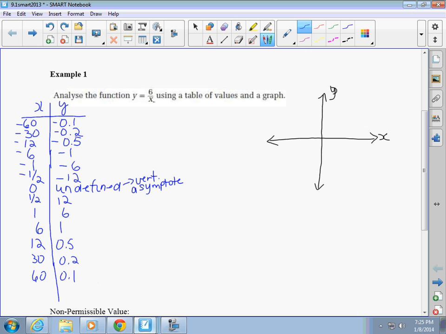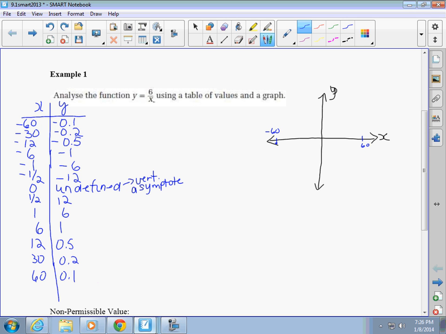So when my x value was a fairly small negative number, my answer was fairly close to 0, but not quite at 0. So at negative 60, it was at negative 0.1. So about there. Okay, if I call this negative 60, this over here I'm going to call 60.